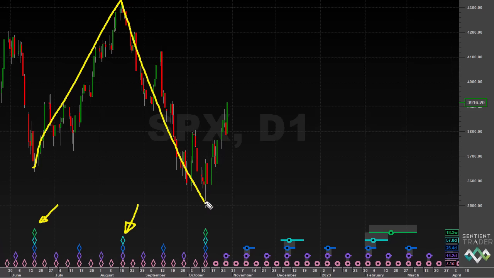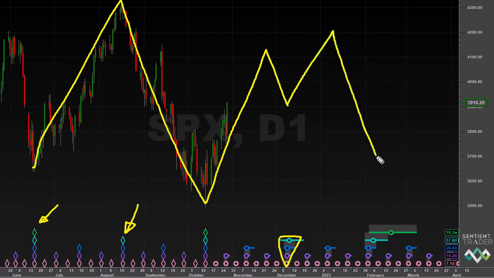We are expecting an M shape for the next 20-week cycle. That is always our expectation. And so in simple terms, we are expecting price to move up to a first peak, come down into an 80-day cycle trough over here in about the second week of December, then come up again, and then come down again.